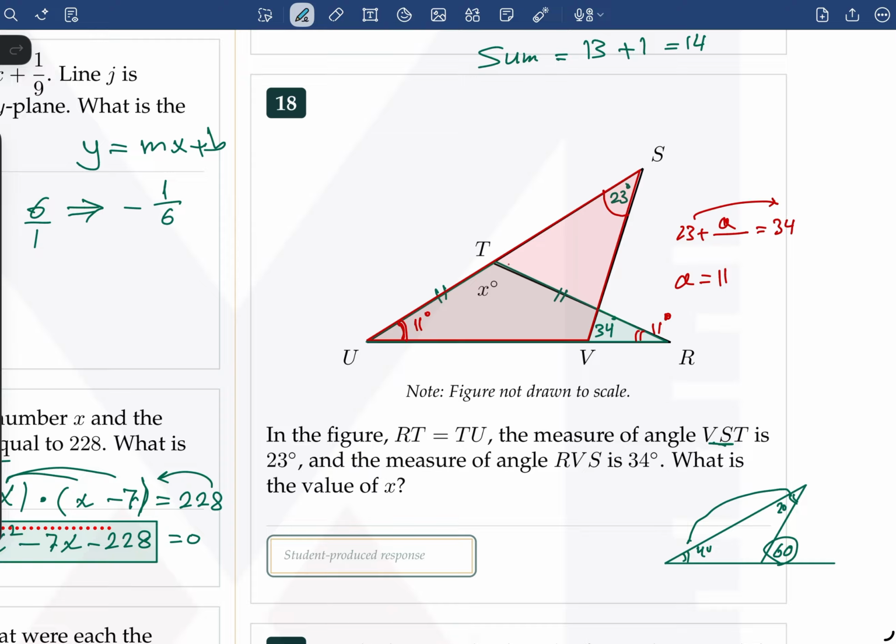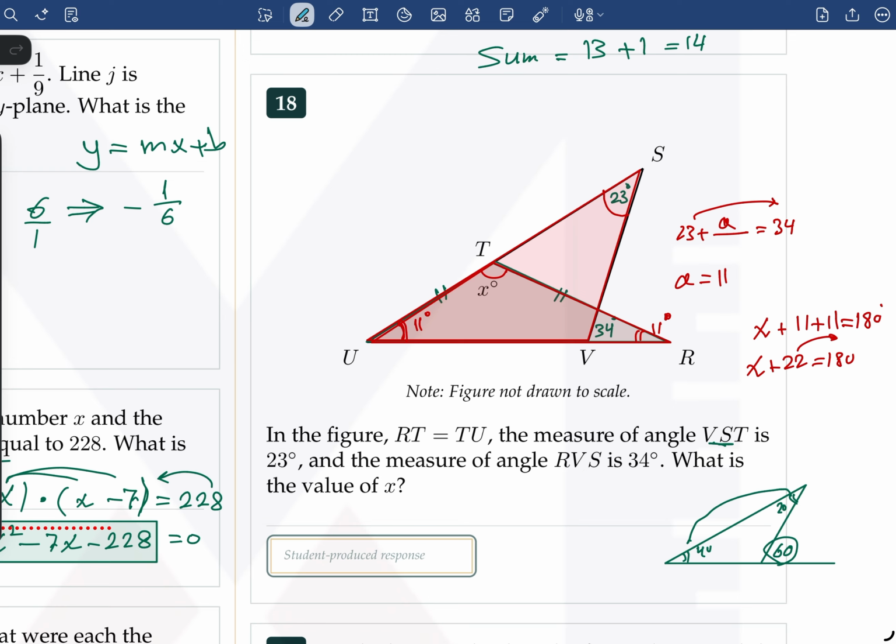Now we can get the value of x, because the triangle TRU or TUR is an isosceles triangle, but at the end of the day, it's a triangle which has a total measure of the angles of 180. So you can say x plus 11 plus 11, these three angles must be equal to 180 degrees. 11 plus 11 is 22, so x plus 22 is equal to 180.